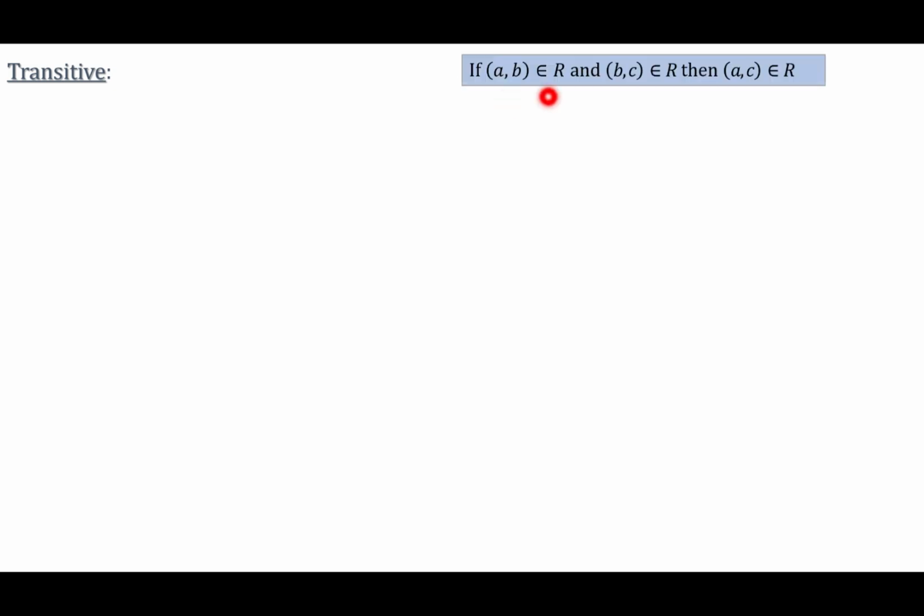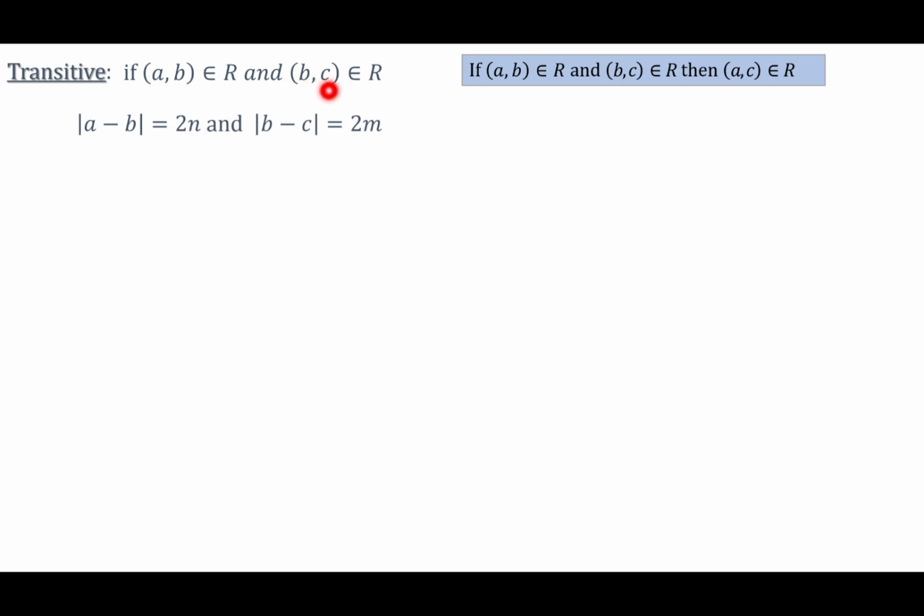Now we have to show that the given relation R is transitive. What is a transitive relation? We know it. If (a, b) belongs to R and (b, c) belongs to R, then (a, c) must belong to R. Now if (a, b) belongs to R, which means |a - b| is equal to 2n.